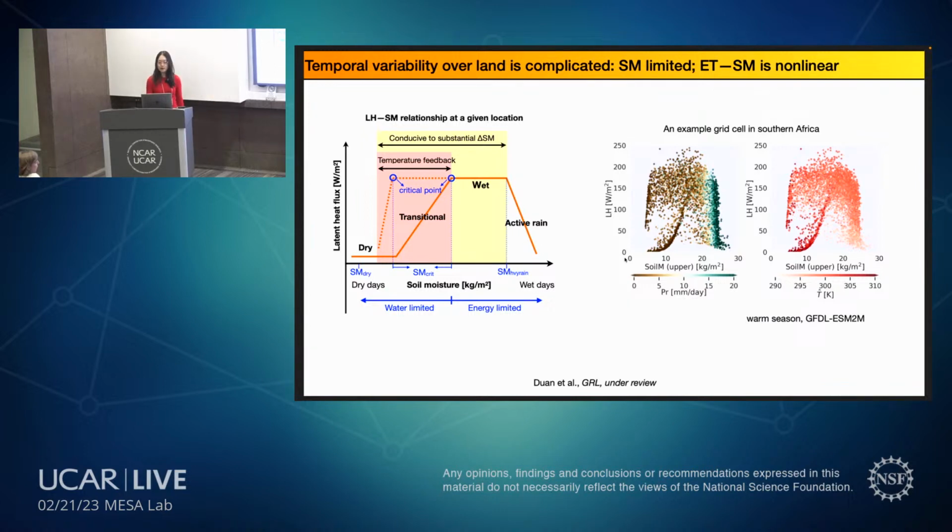When soil is dry, on the dry days, latent heat is low, and then it increases with soil moisture. At some point, latent heat loses sensitivity to soil moisture, and then it decreases during the rainy days. The stage where latent heat increases with soil moisture is called the transitional regime. In this regime, drying of the soil moisture will feed back onto the temperature and warm it.